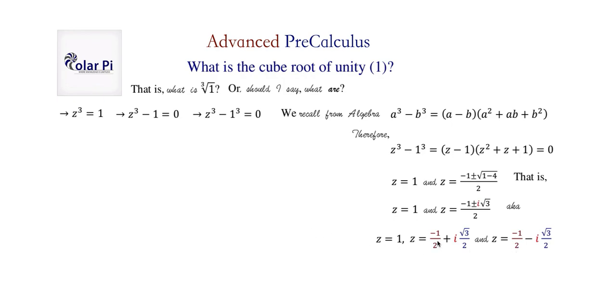But wait, this is not what we did in the first video. This is just convenient because difference of cubes would allow you to find the other 2. There isn't an equivalent difference of 4th powers that would allow you to find all 4 4th roots of 1 if you started off with z to the 4 equal to 1 and proceeded in this manner.